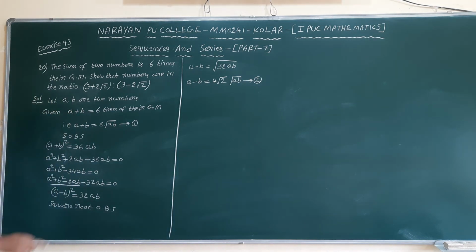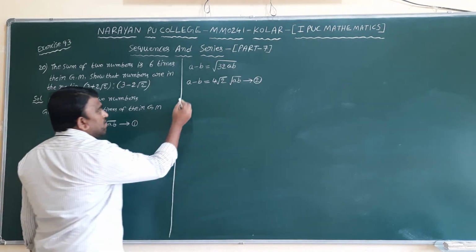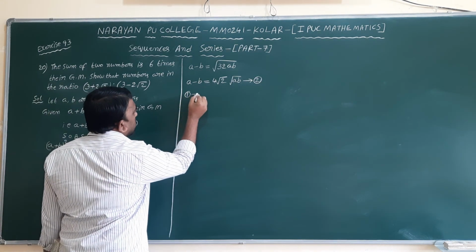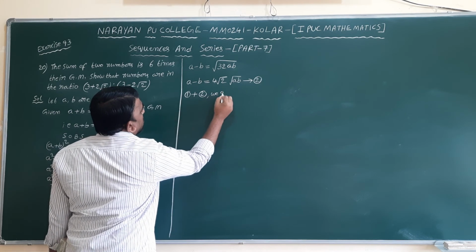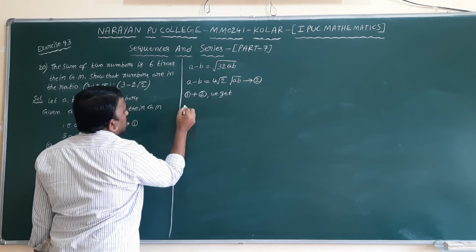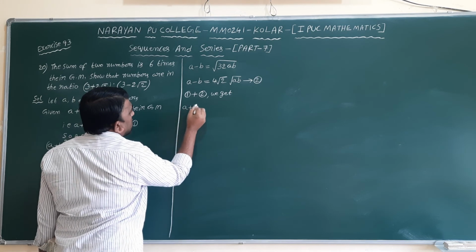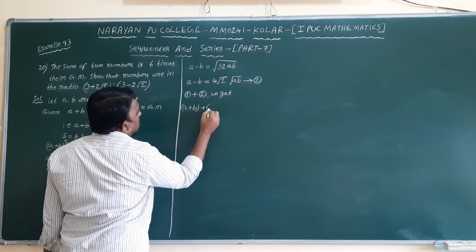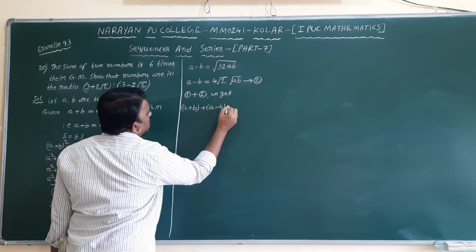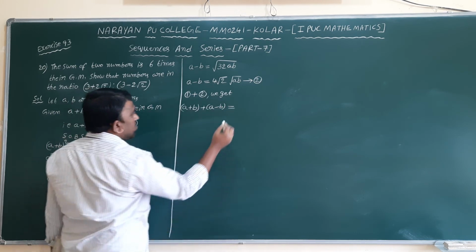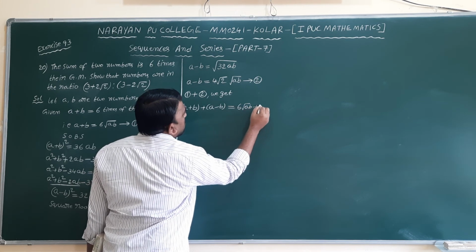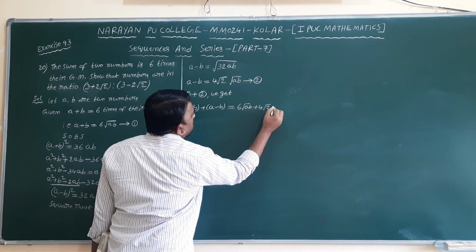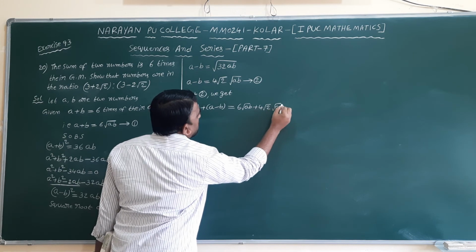One time add equation 1 and 2, and another time subtract equation 1 and 2. First I will do equation 1 plus equation 2. So left side a plus b plus a minus b is equal to, right side, 6 root ab plus 4 root 2 root ab.